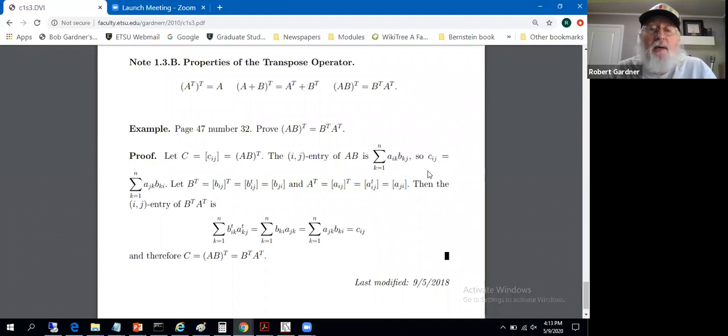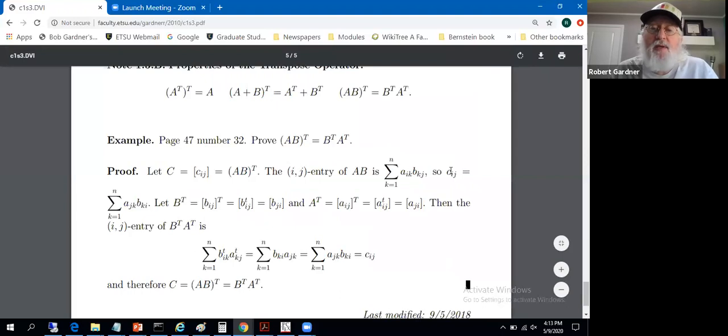So we get this as the ij entry of AB. We've defined C as the transpose of that. So C sub ij is what we would get. Transpose means interchanging the indices. So C sub ij would be the ji, not ij, entry of matrix AB.